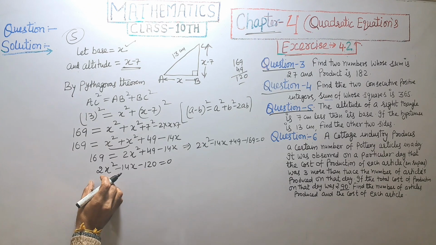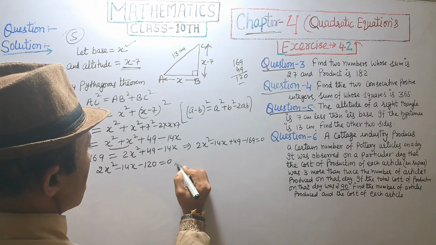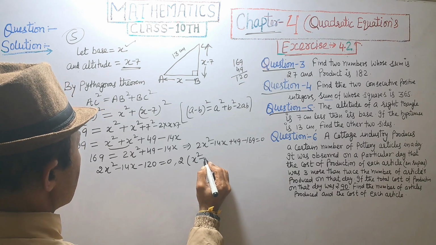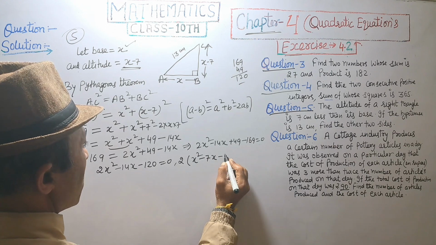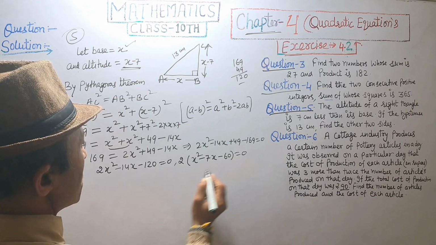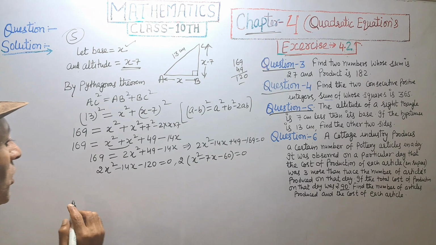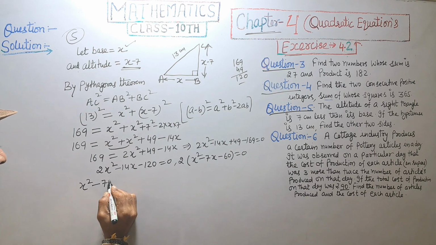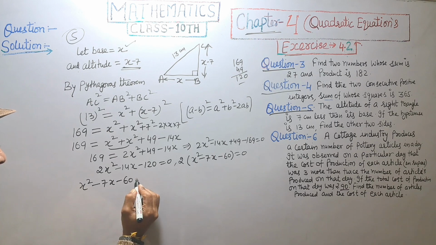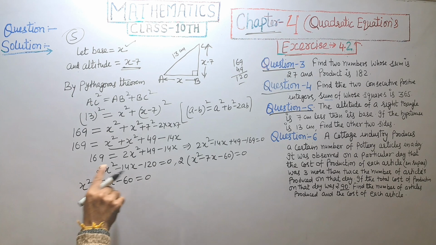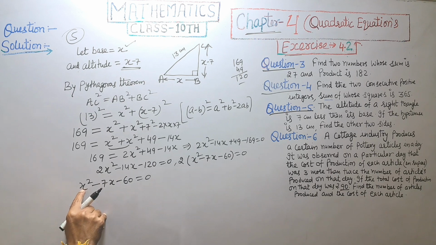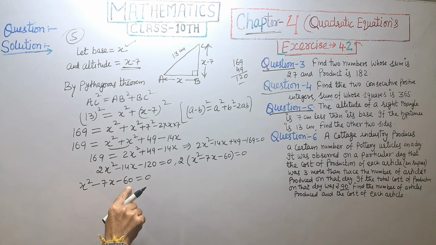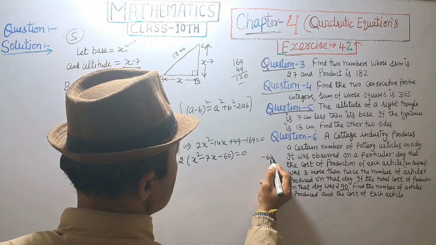Taking 2 common, we get x squared minus 7x minus 60 equal to 0. This is a quadratic equation, x raised to power 2 minus 7x minus 60 equal to 0. Splitting the middle term, the product of the first and last numbers is minus 60 x squared.